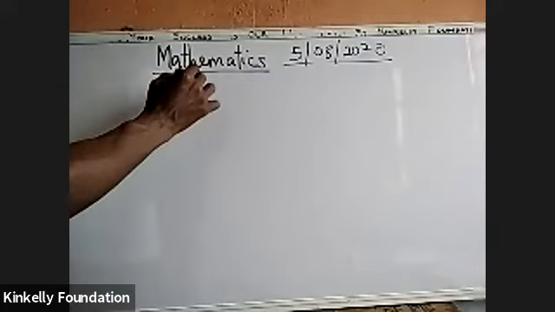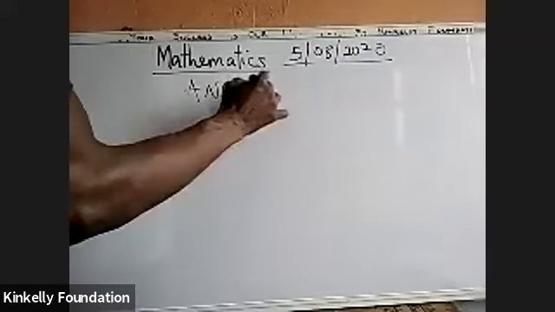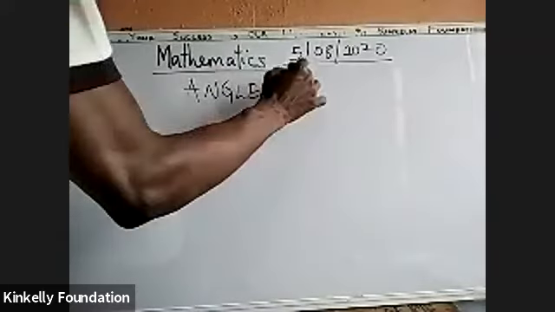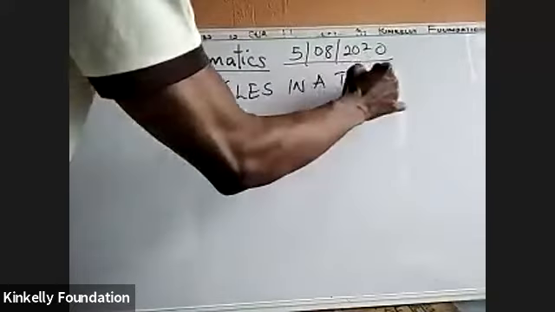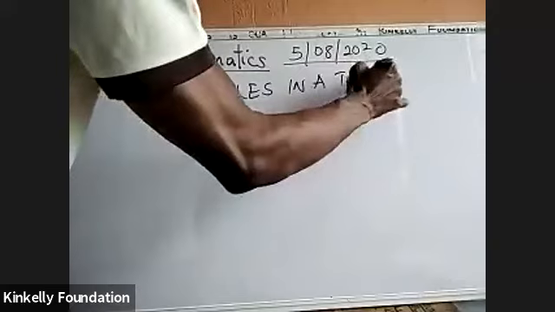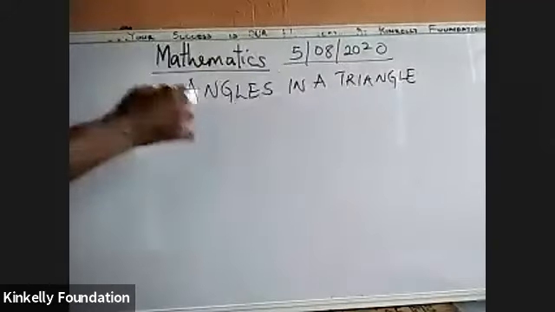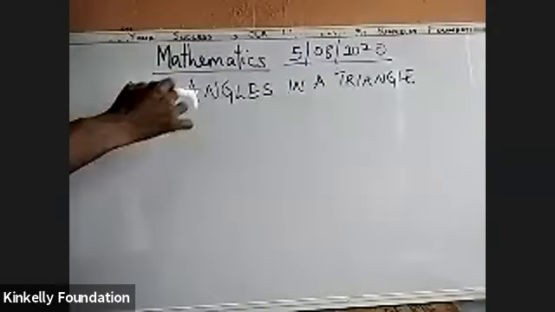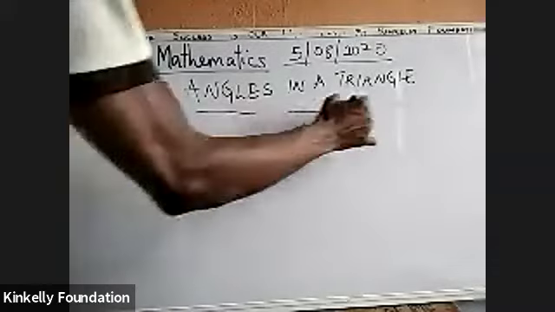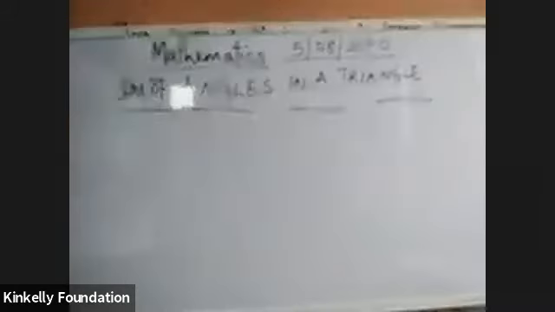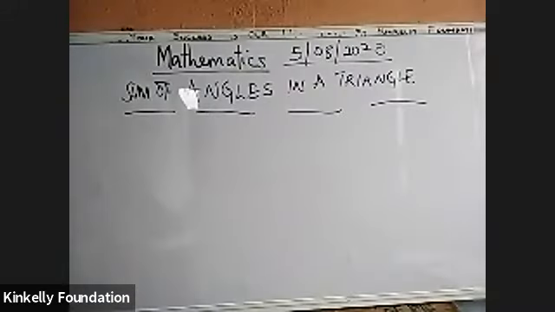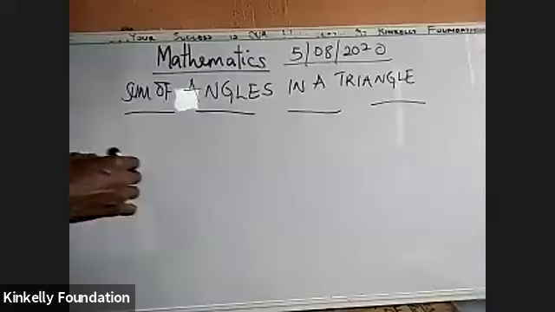Now, angles in a triangle. We are going to show how the sum of angles in a triangle is equal to 180 degrees. Let us start.